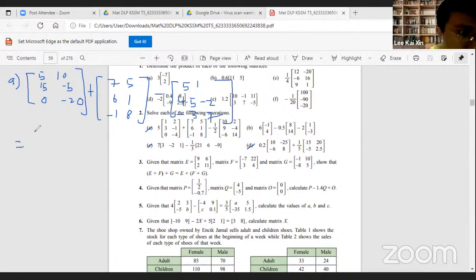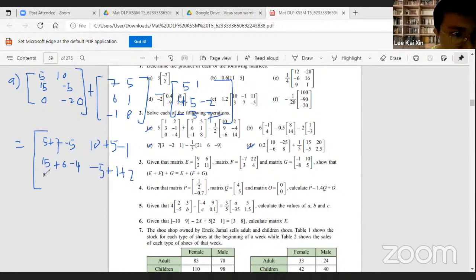So it will get 5 plus 7 minus 5. And then you get 10 plus 5 minus 1, so you will get 15 plus 6 minus 4, and negative 5 plus 1 minus minus, so you get plus 2.